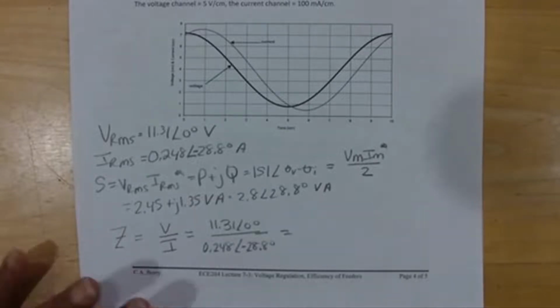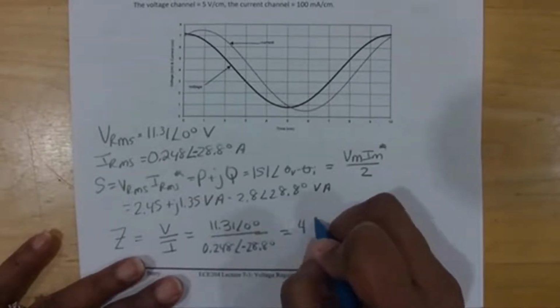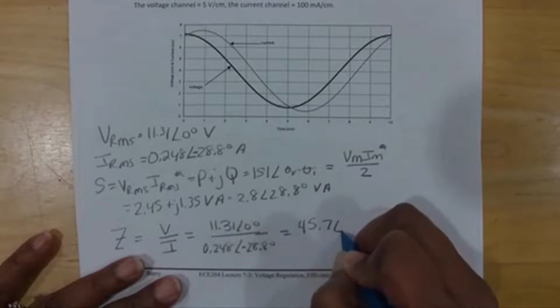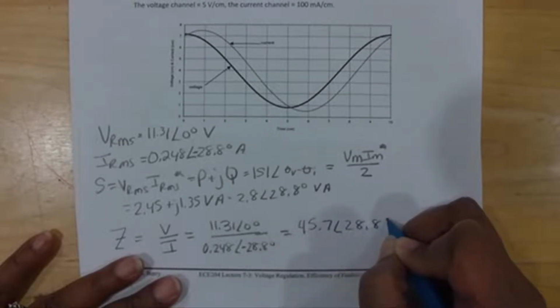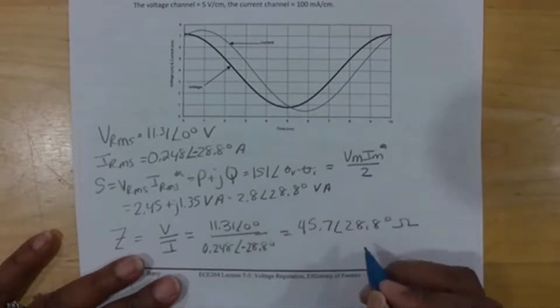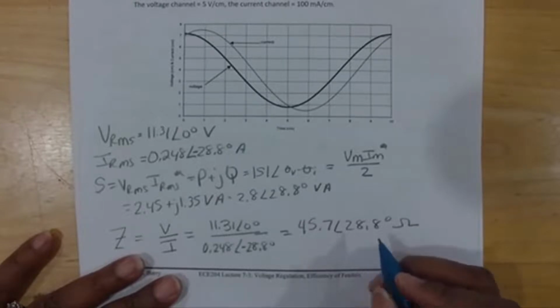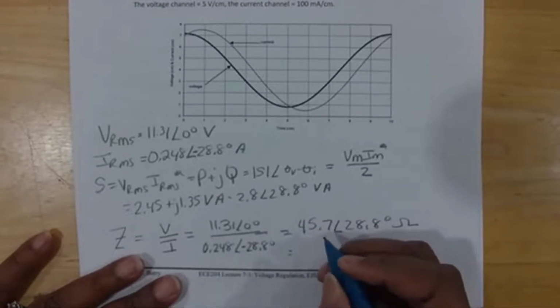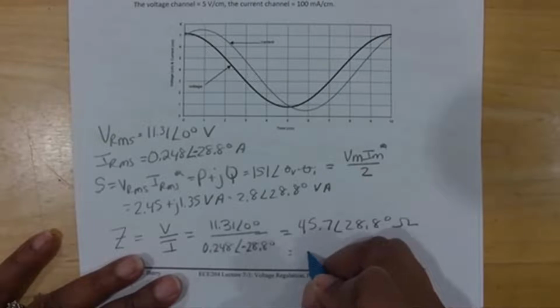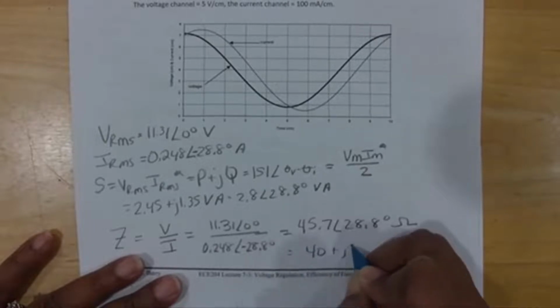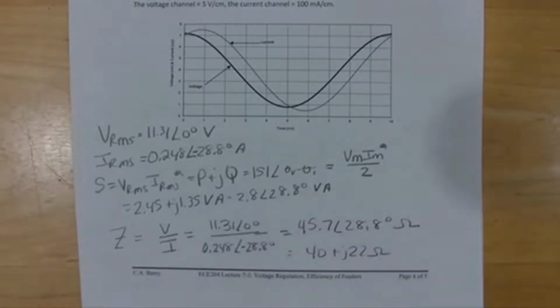You could give it in polar form, but it's actually more useful in rectangular form because then you can model it as a resistor in something. So I can either write it as 45.7 with an angle of 28.8 degrees, or I can write it as 40 plus J 22 ohms. Did anyone get 40 plus J 22 ohms?